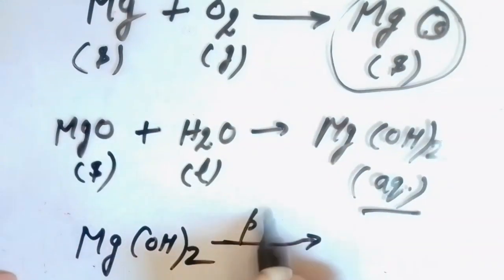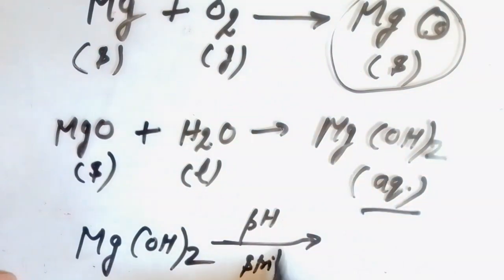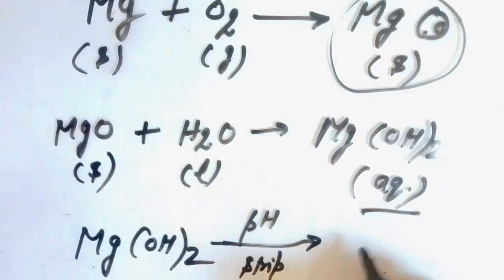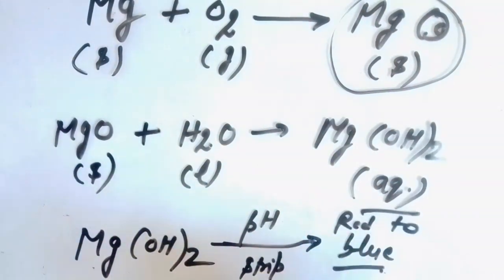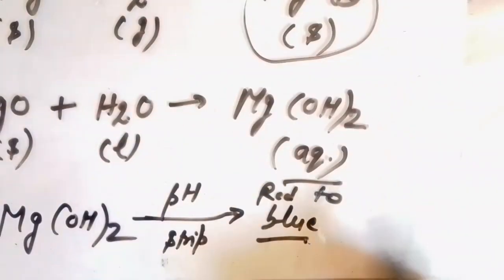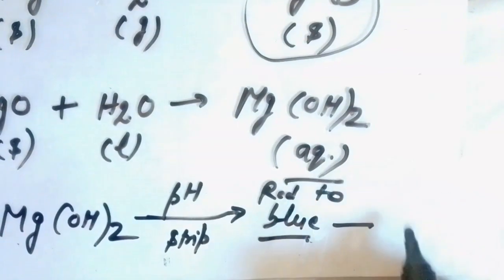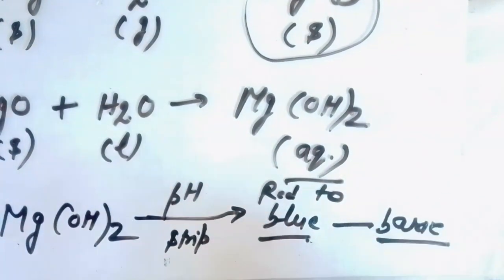With the help of a litmus strip. What was that? Red litmus strip, right? It turned into blue, right? Red to blue. So red to blue indicates that this is basic in nature.